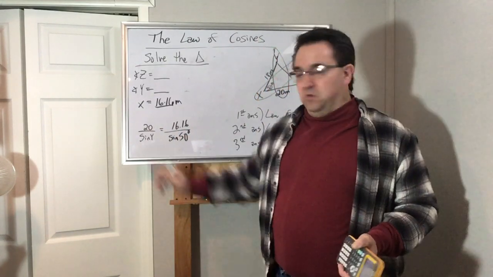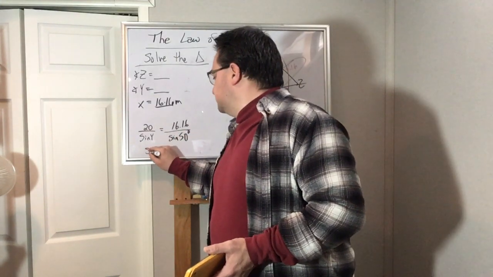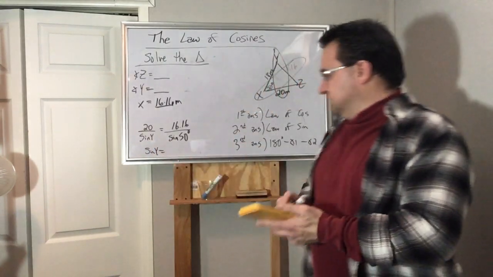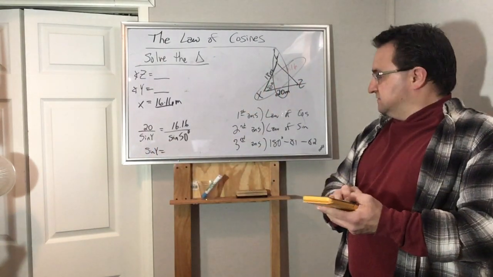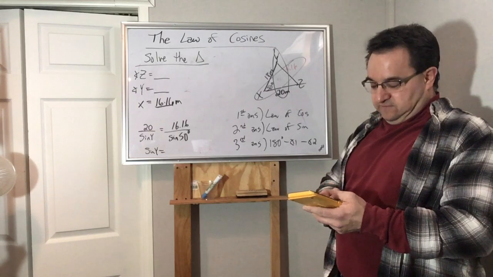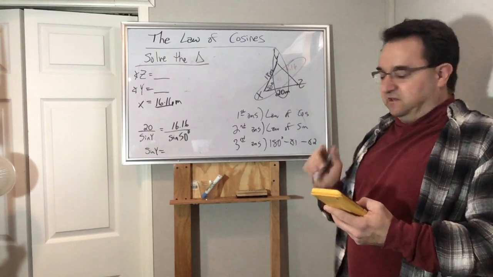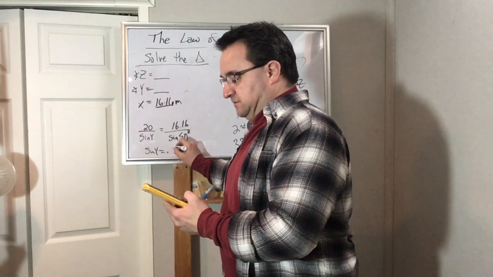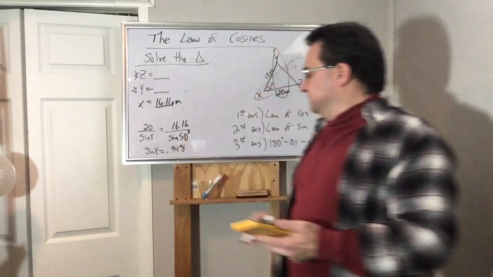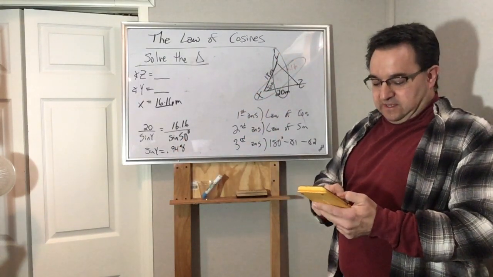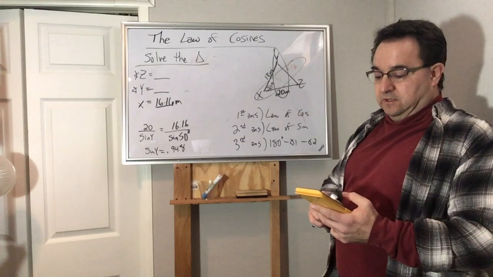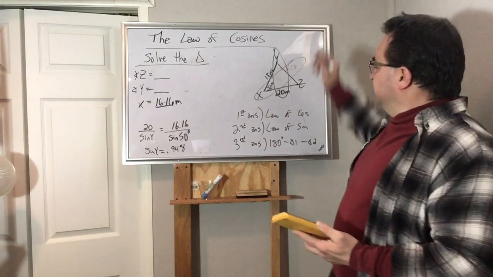And notice I only have one unknown. So sine of y is 20 sine 50 divided by 16.16, and be careful with your parentheses. That's 0.948. Now I'm going to inverse sine that, and I'm getting 71.44.